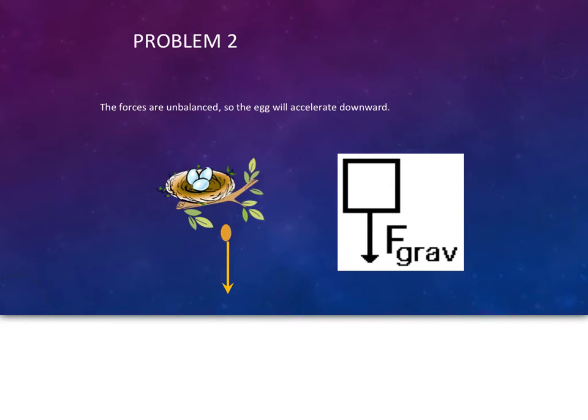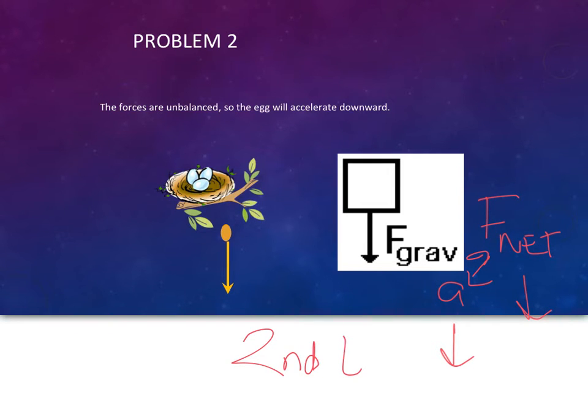So if there's an F net, right, a net force in the downward direction, that means that we must be accelerating downward as well, which makes sense. As objects drop, they accelerate when they're in free fall. Don't forget that whole relationship between net force and acceleration is because of Newton's second law.